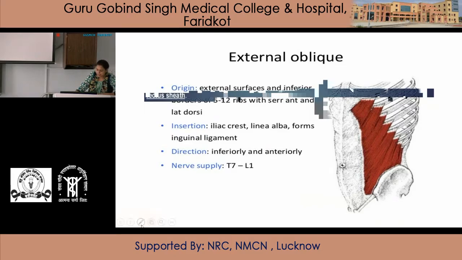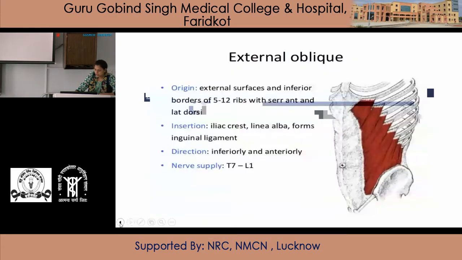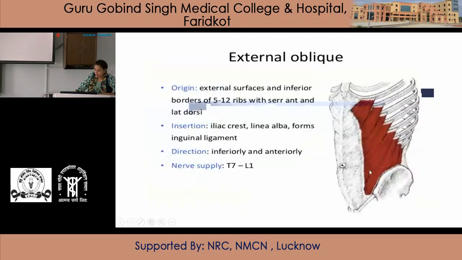This muscle ends in the form of an aponeurosis. The most lower fibers attach directly into the iliac crest, and the upper and middle fibers insert in the form of aponeurosis.